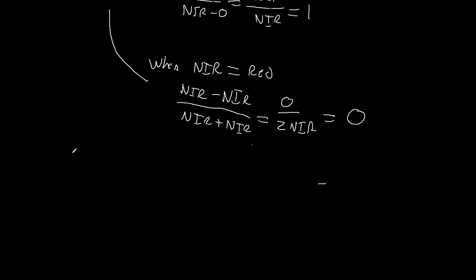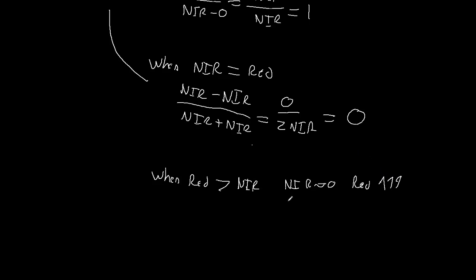Let's talk about one last example, when red is far greater than NIR. So this is saying when NIR is approximately 0 and red is really, really, really big.